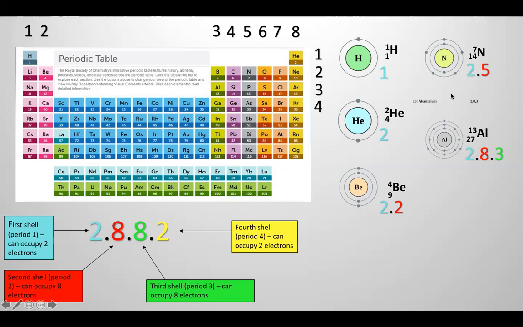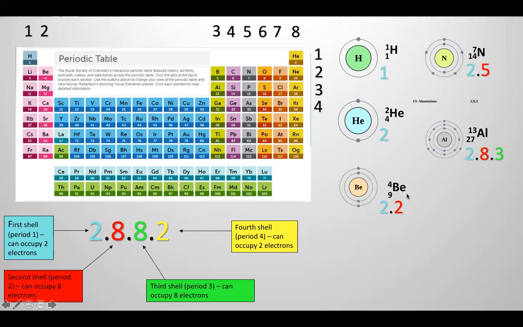And if we look at, say, aluminium, so you have 1, 2, 3 shells, so you know 100% this is in period 3. And then you look at the final number, number 3. So it's got to be in group 3. So period 1, period 2, period 3. And if we go over to group 3, which is here, oh look, aluminium.